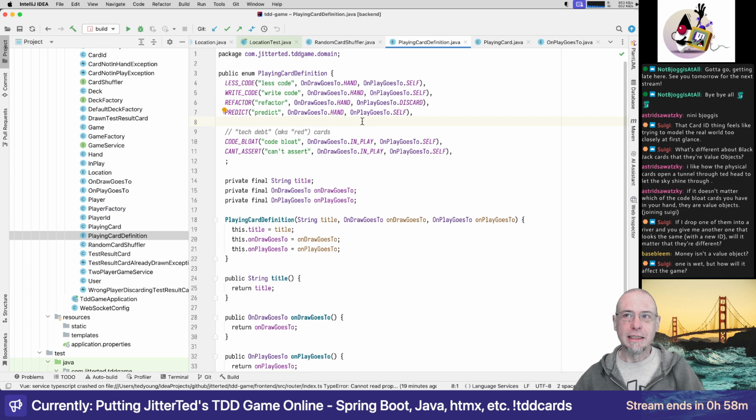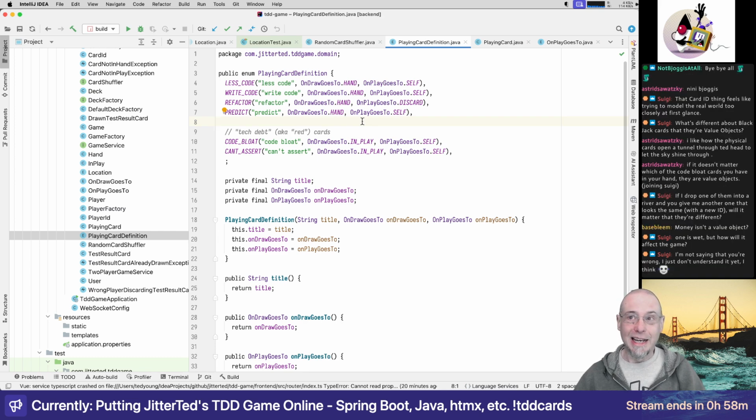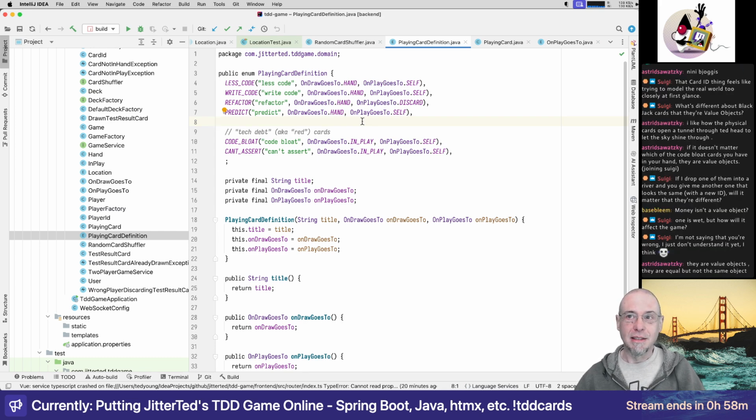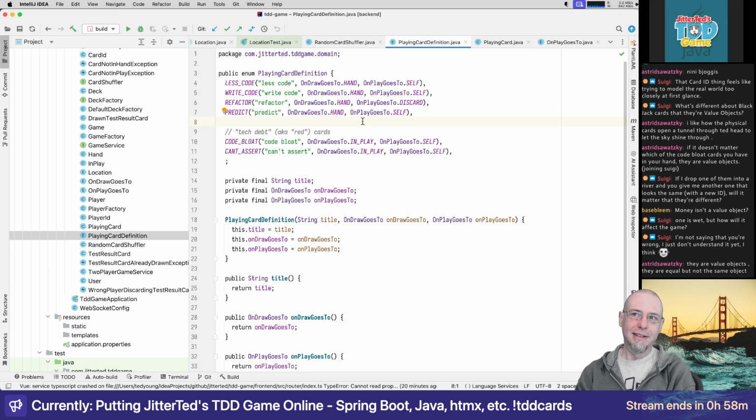And regardless, I need to tell the difference because I need to keep track of them. You can't say they're value objects, but they're not the same if they have the same attributes.